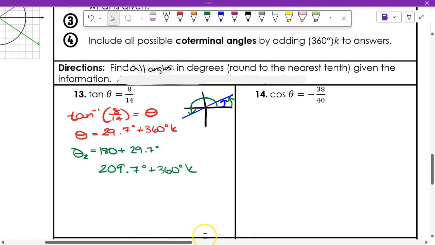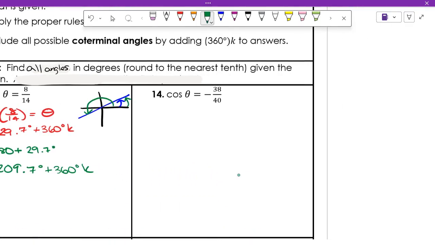Okay, let's try number 14. So if I go right here, cosine is negative. So again, I don't care about the number right now. All I'm looking at is it's negative. So let's think, where is cosine possible to be negative? Cosine represents my horizontal. So that's going to be over here or over here.